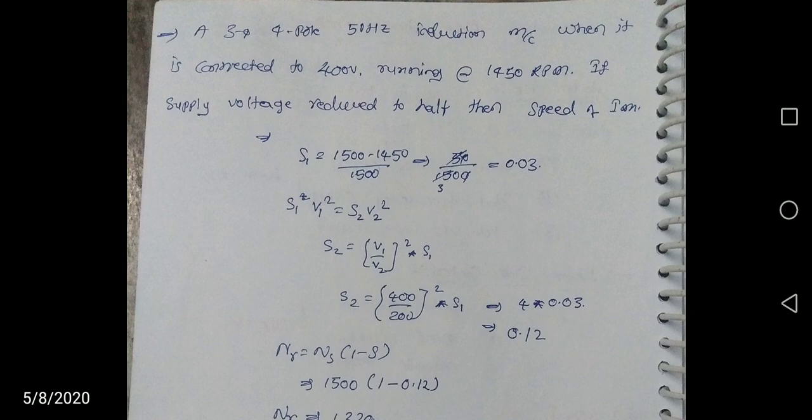Maintain torque constant: S1 V1 square is equal to S2 V2 square. We want the S2 value. V1 value is 400 volts and V2 value is 200 volts. So S2 value is equal to 0.12.